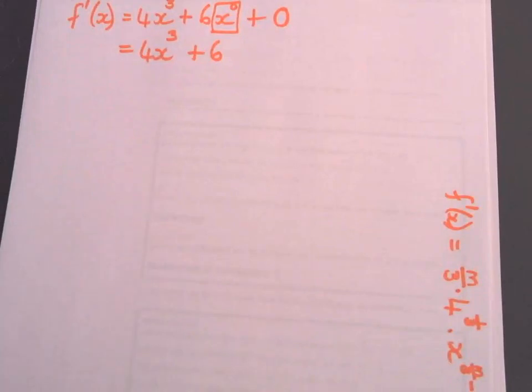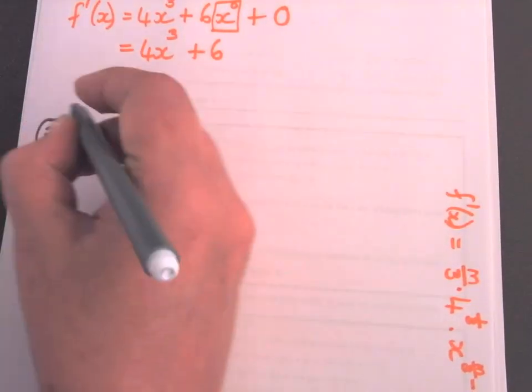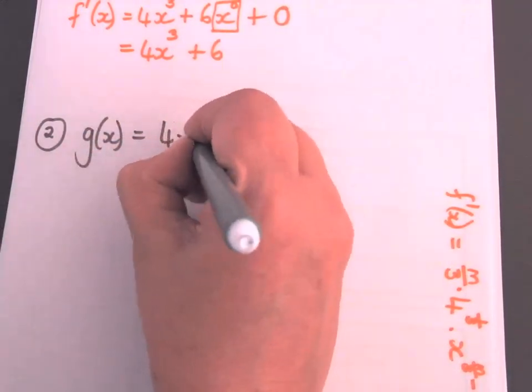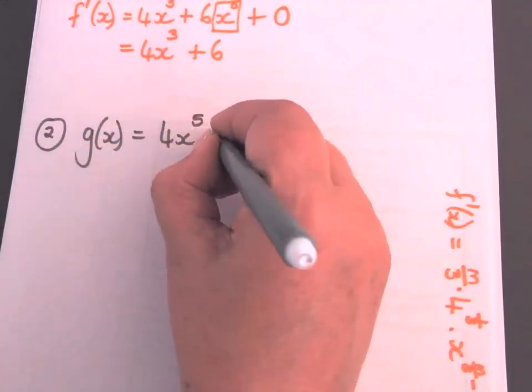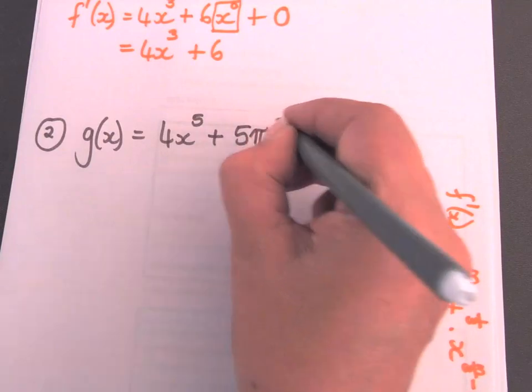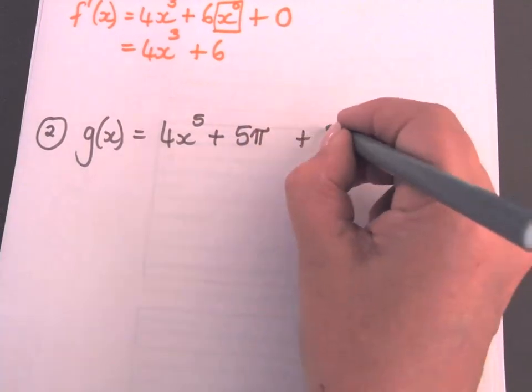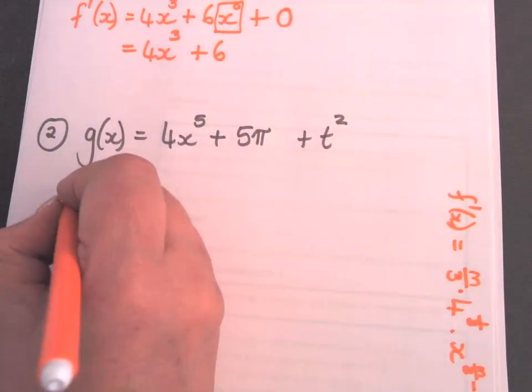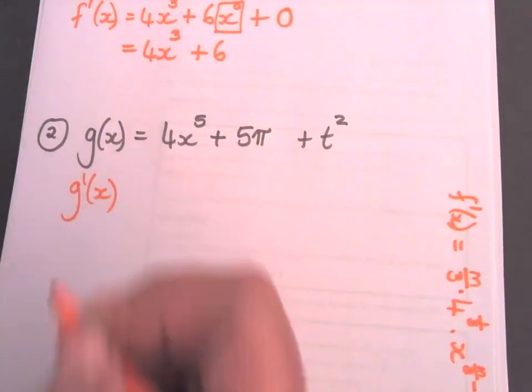Our next example. g(x) equals 4x to the power of 5 plus 5 pi plus 2t squared. I need to differentiate in terms of x.